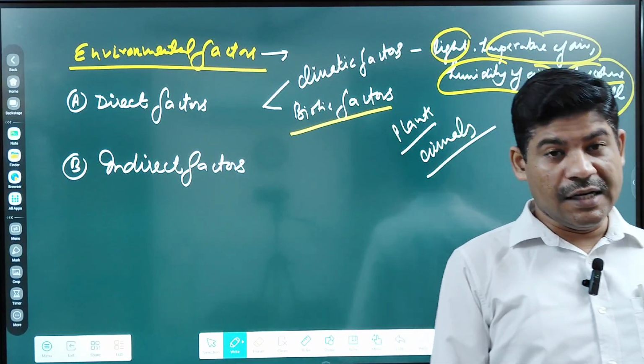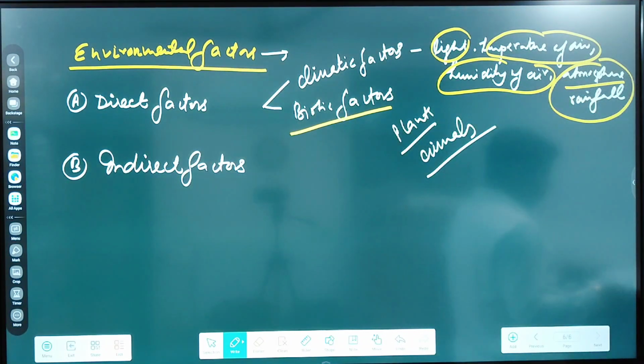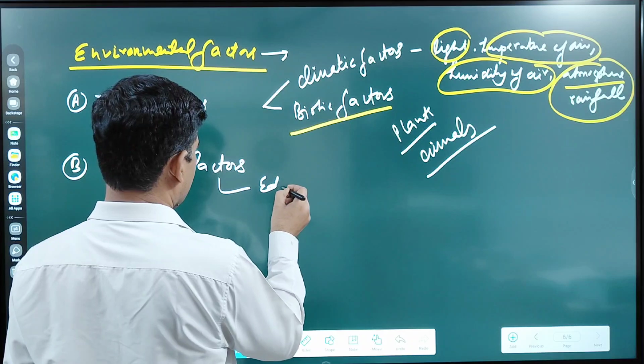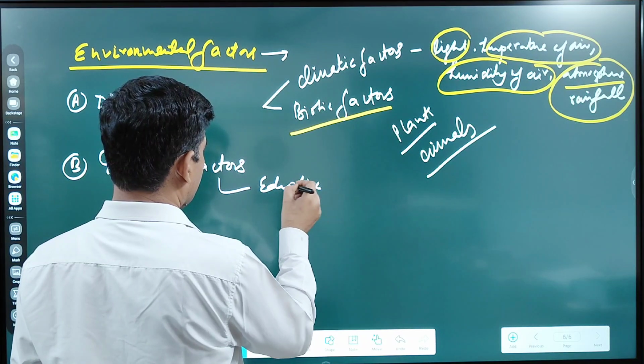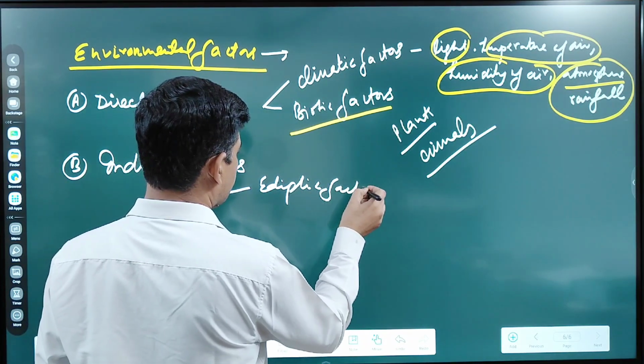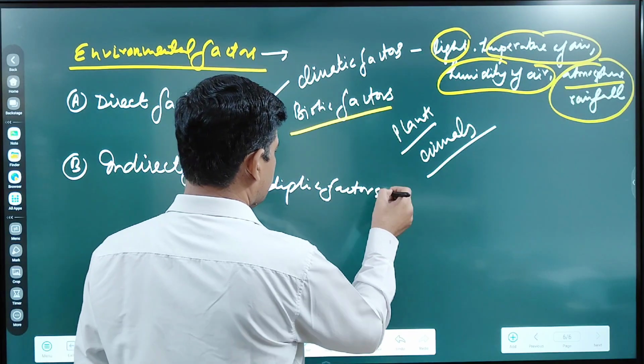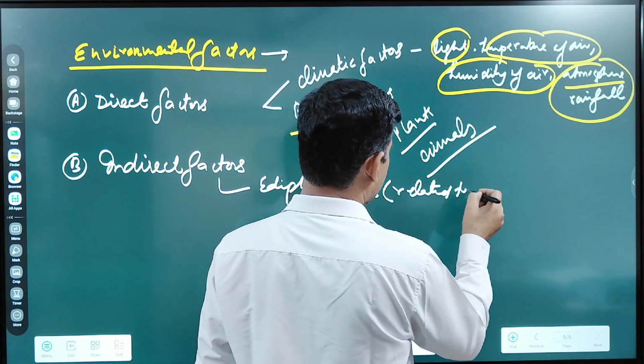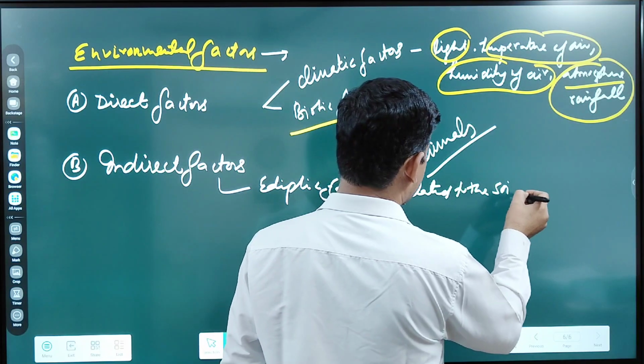Now, indirect factors. Indirect means edaphic, physiographic, or topographic. Edaphic factors are related to the soil.